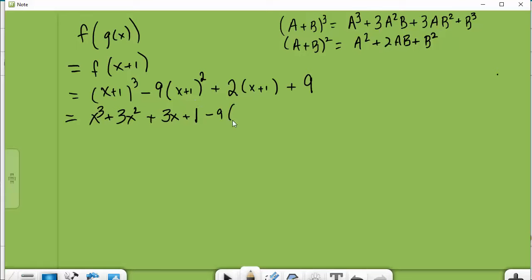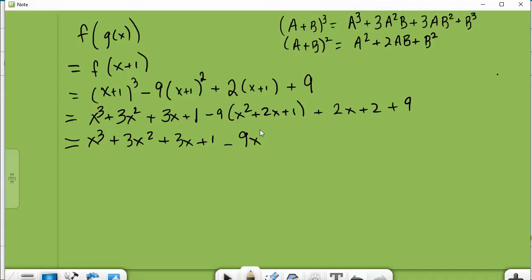Again, will be x squared plus 2x plus 1. Okay, distribute the 2. Distribute the negative 9. X squared minus 18x plus 1, 2x plus 2 plus 9.